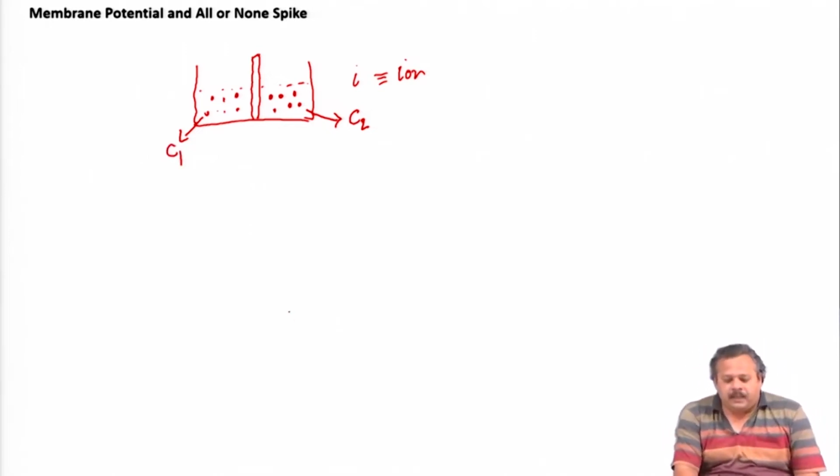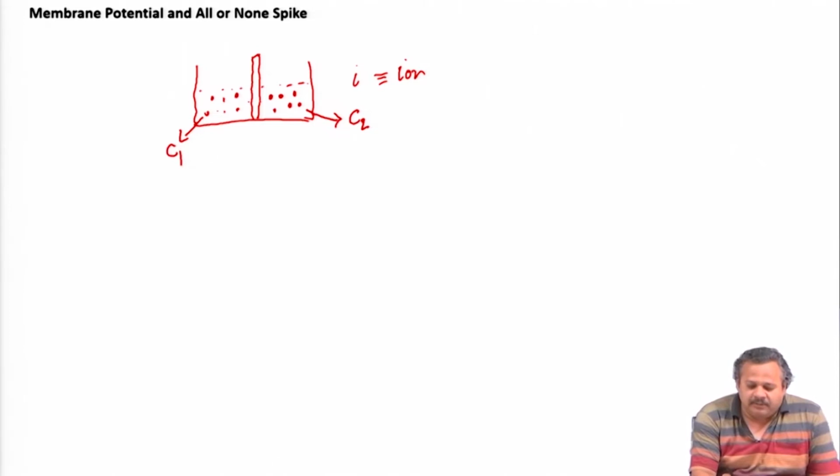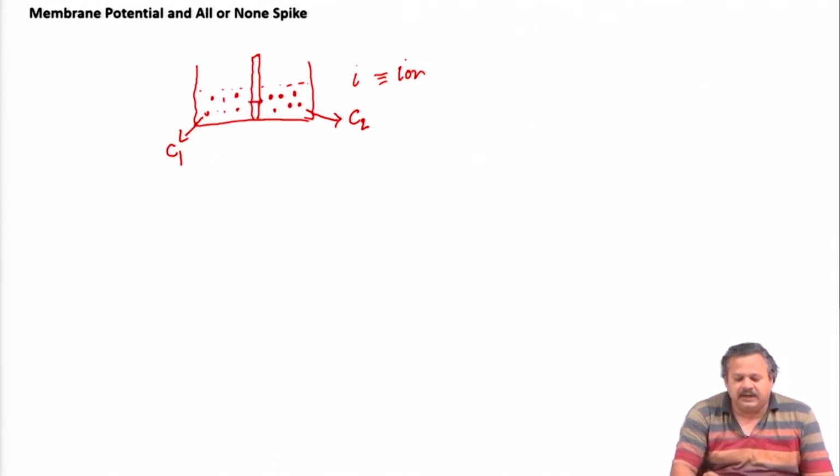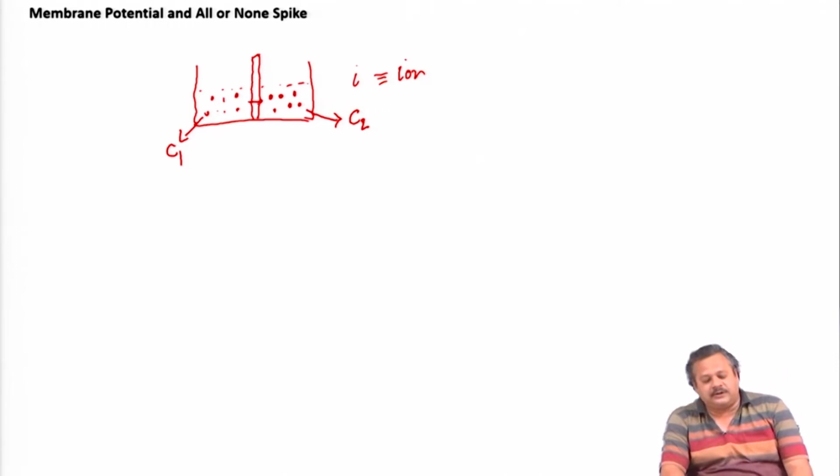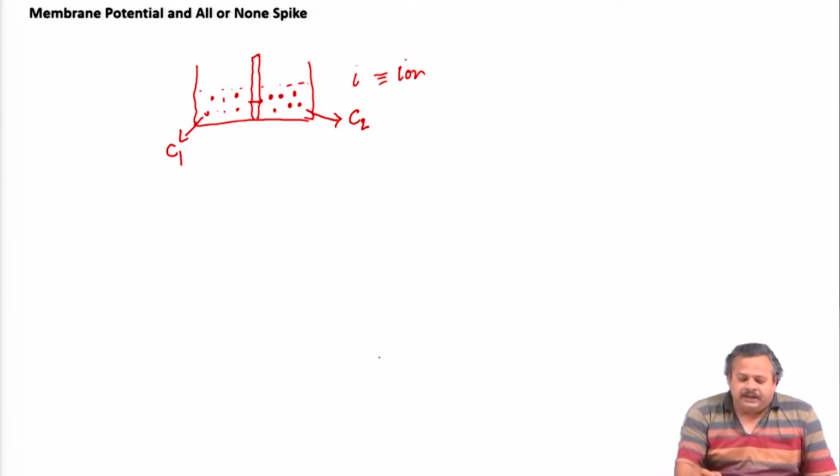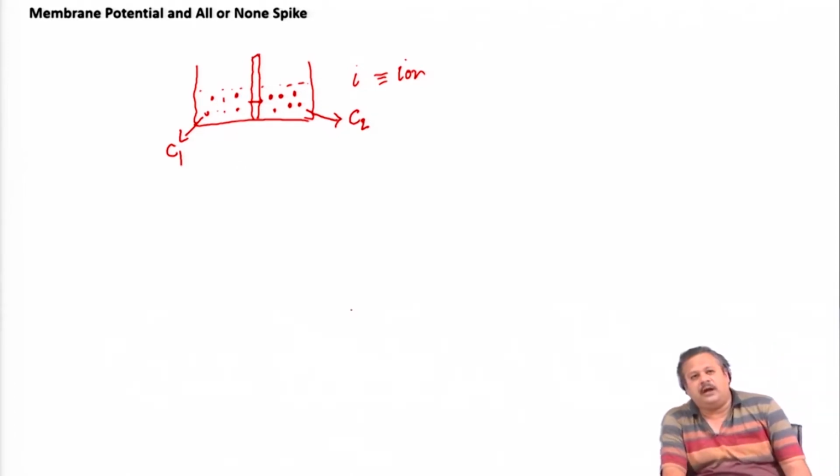Now, since this is a semi-permeable membrane, the ion can flow across the membrane, and depending on the concentration of the ion on the two sides, there will be a flow of ion from the higher concentration to the lower concentration side.